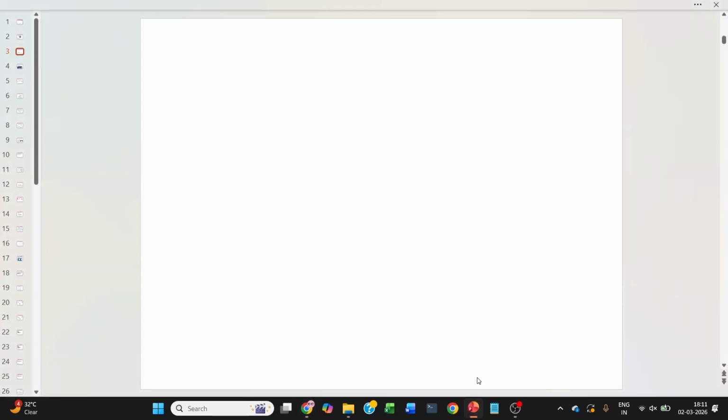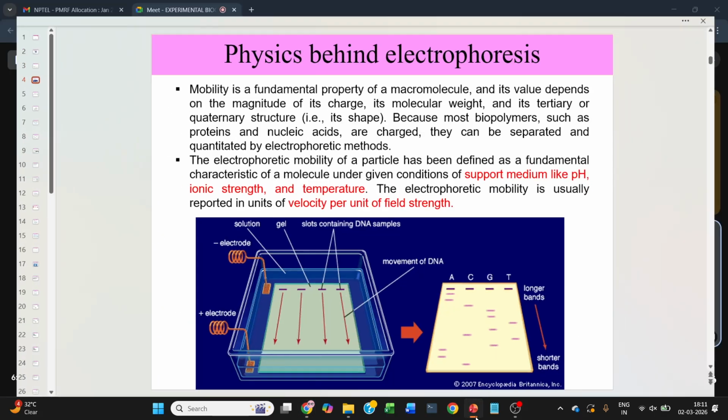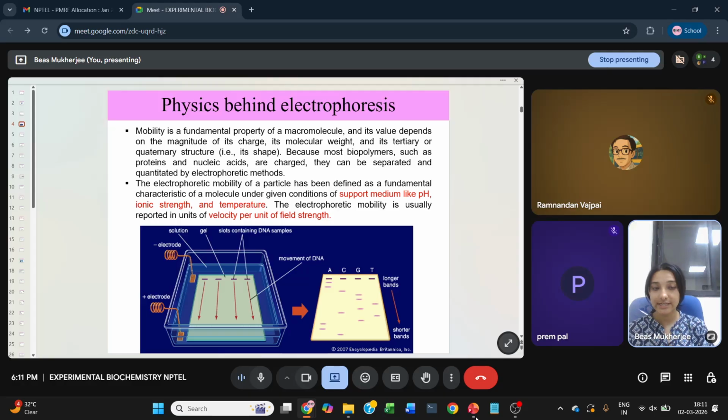We will go to the next part, which is what exactly happens in electrophoresis. The mobility is a fundamental property of a macromolecule and its value depends upon the magnitude of its charge, its molecular weight and its tertiary or quaternary structure, that is, its shape. Because most biopolymers such as proteins and nucleic acids are charged, they can be separated and quantified by electrophoretic methods.